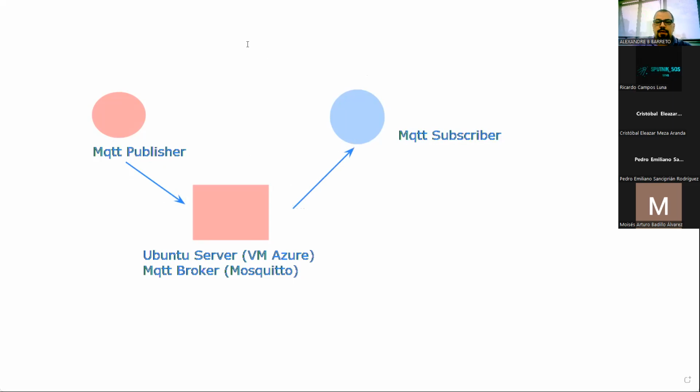Remember, in task one you create the Ubuntu machine. In task two, you create the broker. In tasks three and four, you create the Python code and run the example.